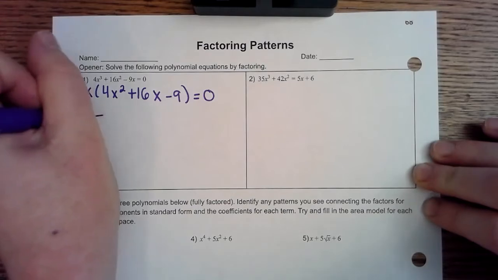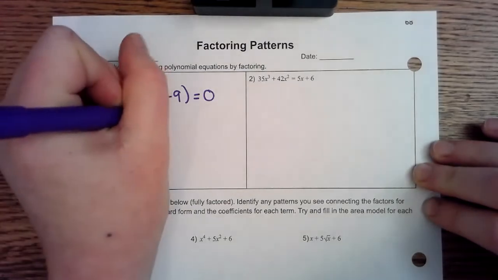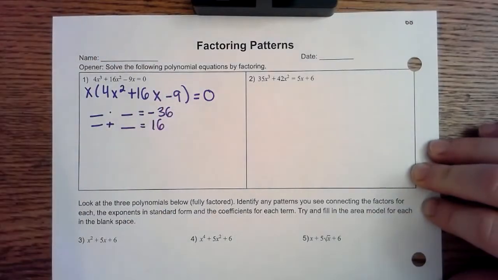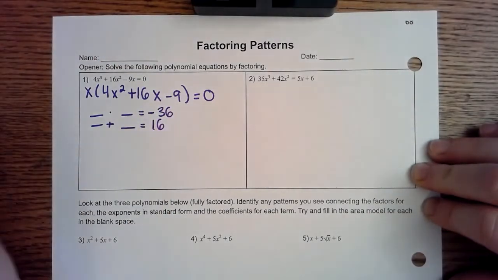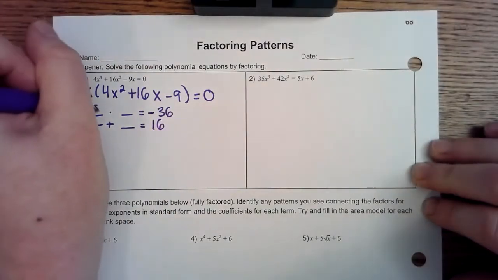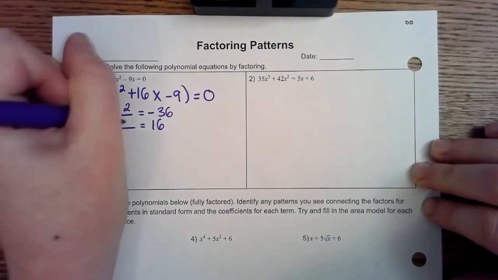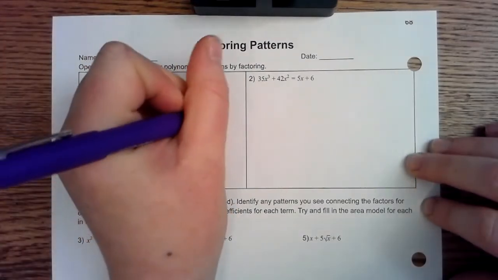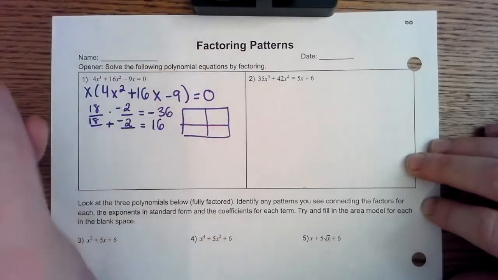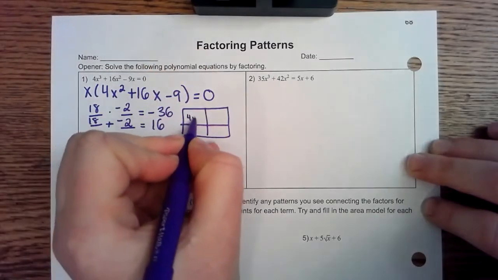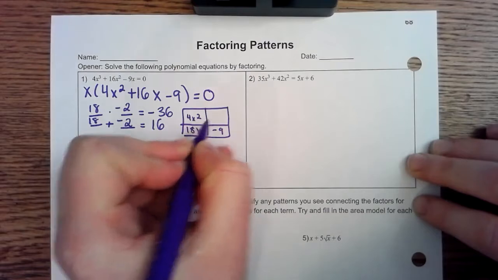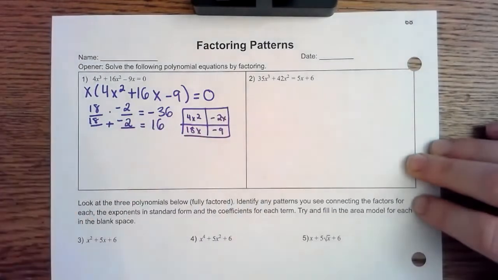So I'm trying to multiply to negative 36 and add to 16. And the numbers that work for that are going to be 18 and 2. And the 2 is going to be negative. So when I draw my area model, I get 4x squared, negative 9, 18x, negative 2x.